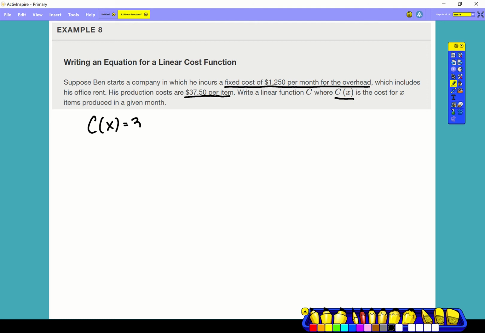So his cost per item, so every item he produces costs this much. But we also have to take into account the overhead he needs to pay. So essentially, this is how much it costs to produce something in a given month.